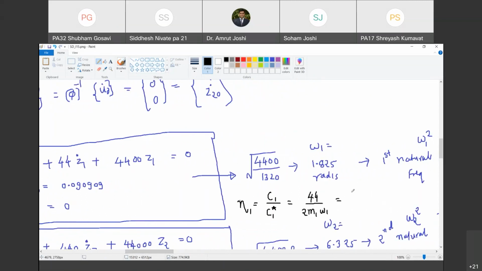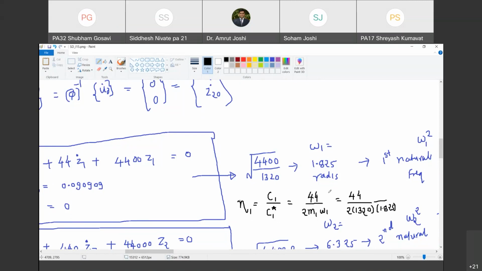I will substitute that. So 44 divided by 2 into 1320, into omega 1. What is the value of omega 1? Omega 1 is 1.825.